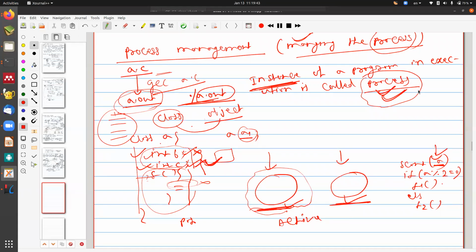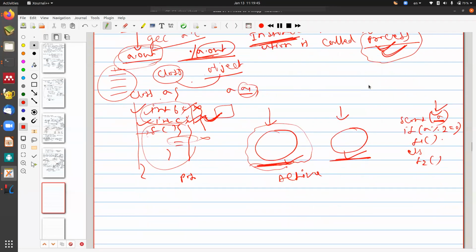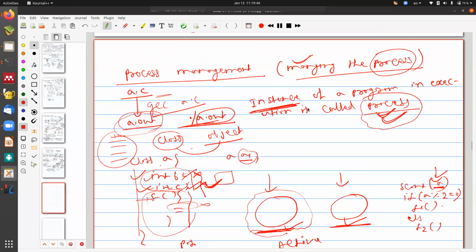But here it says what this process now consists of. We just know that the definition is an instance of a program in execution, and as per the definition, you can say the program is basically a passive entity, whereas the process is the active entity.